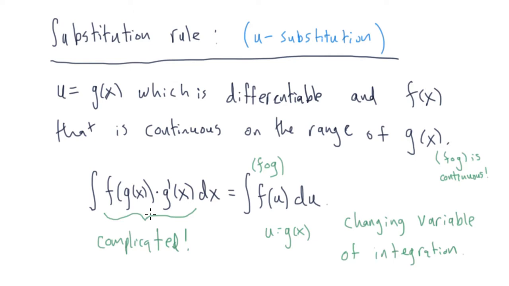And then over here, this really is the same thing as f composed with g, but I have this sort of factor of the derivative, right? So remember that this is really like du, okay? Because if u is g of x, then du as a differential is g prime of x dx, and then this really is just f of u.